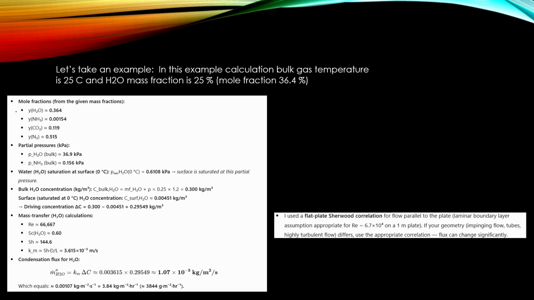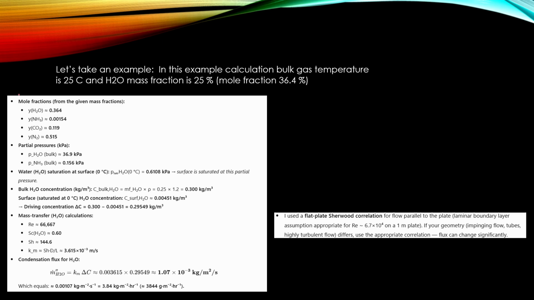I calculated this case in ChatGPT, and I assumed that the temperature of the incoming gas mixture is 25 degrees C and its water vapor mass fraction is 25%. Here we see how this calculation goes.